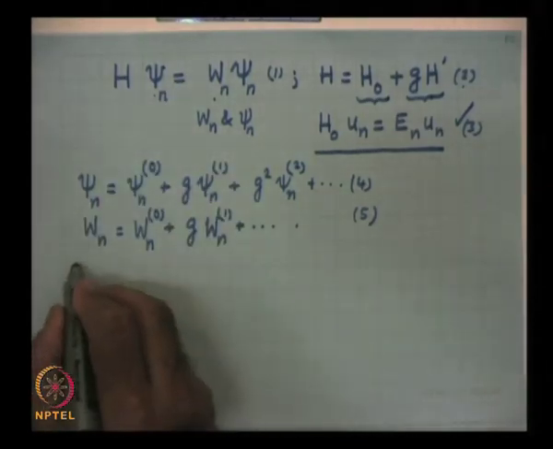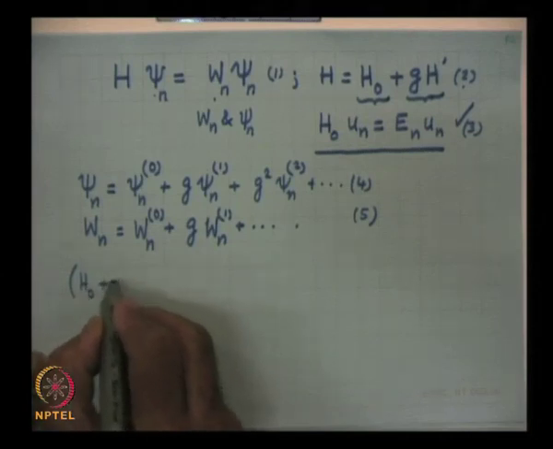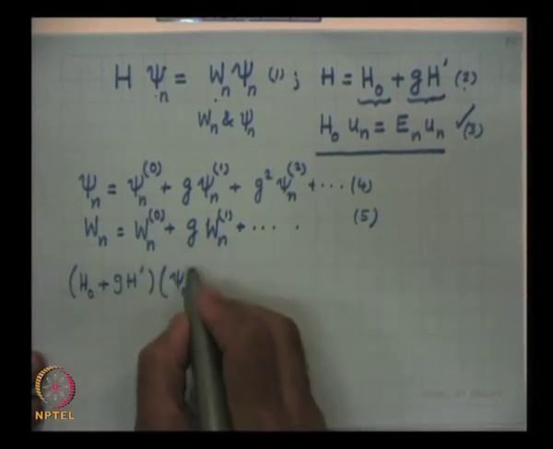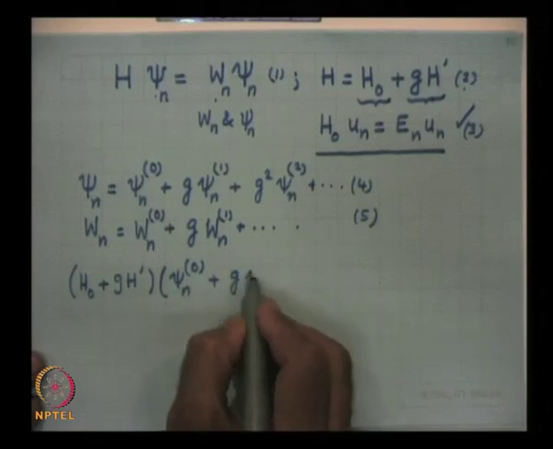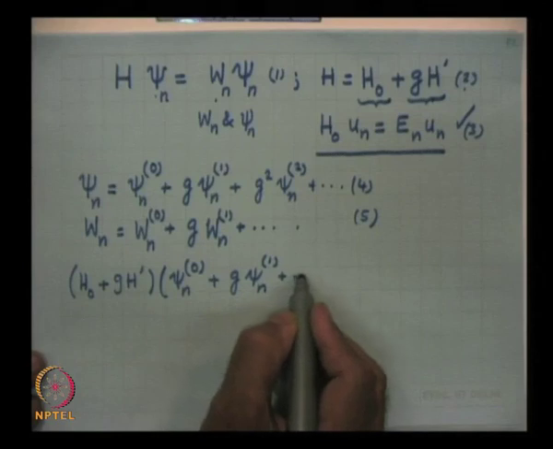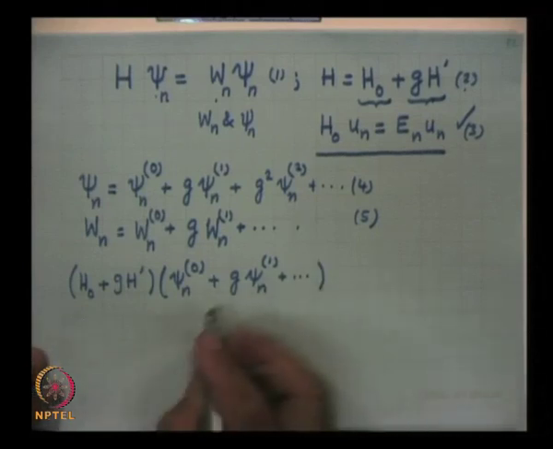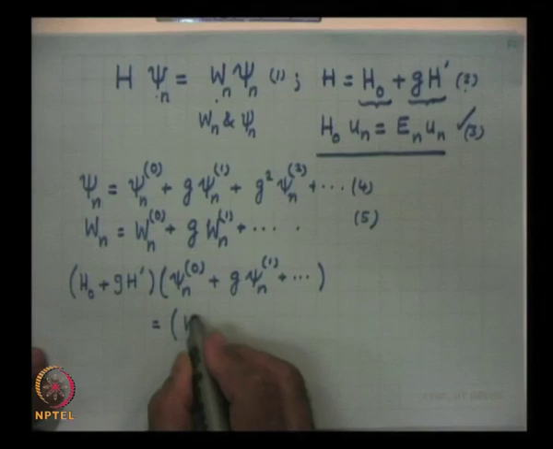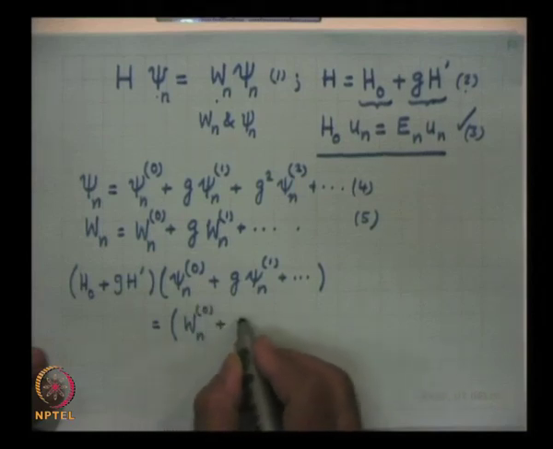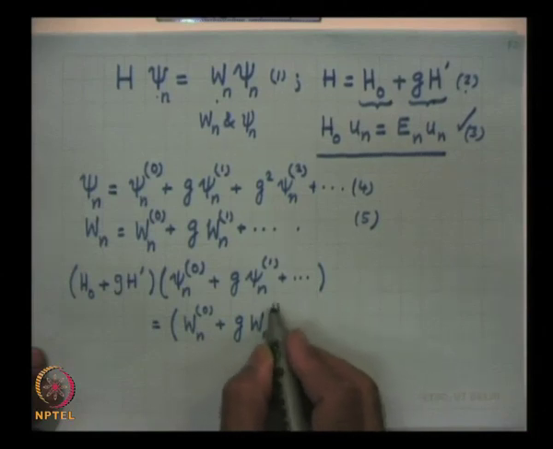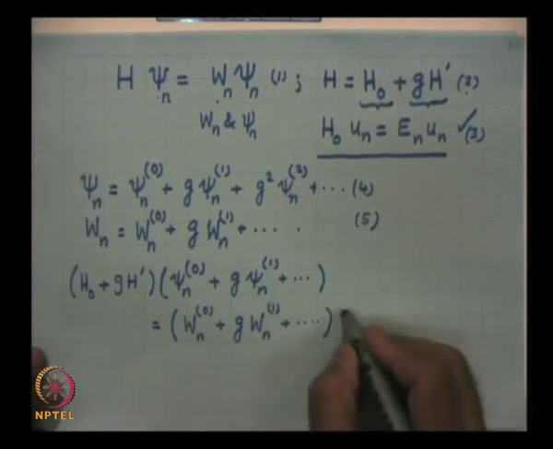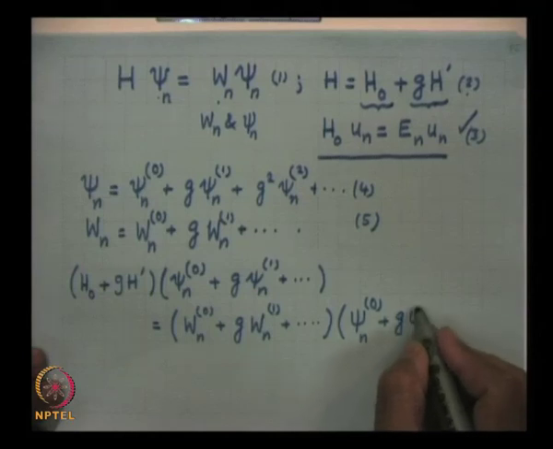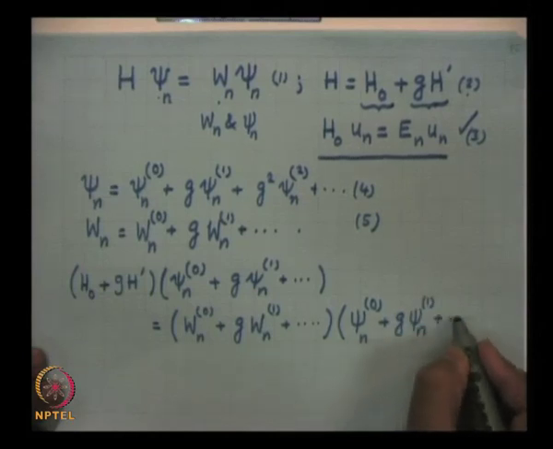We get H naught plus g H prime multiplied by psi n 0 plus g psi n 1 plus g square, neglecting the higher order terms right now, is equal to W n 0, the 0th order term, plus the first order term, multiplied by psi n 0 plus g psi n 1 plus so on.